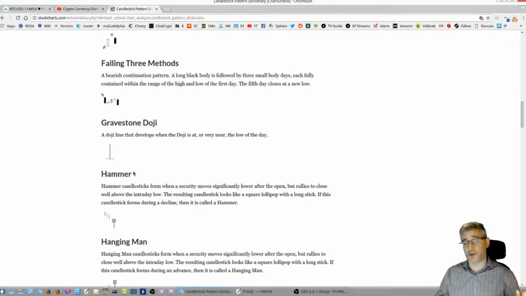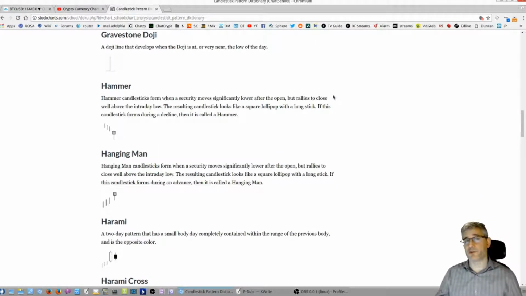That's what really matters here. And if you understand what you're looking at when you're looking at candlesticks, you can pretty much figure out what's happening. So the gravestone doji, it opens at the bottom. The bulls pulled the price upwards, but the bears managed to pull it back down to the opening price, and it closed at the opening price.